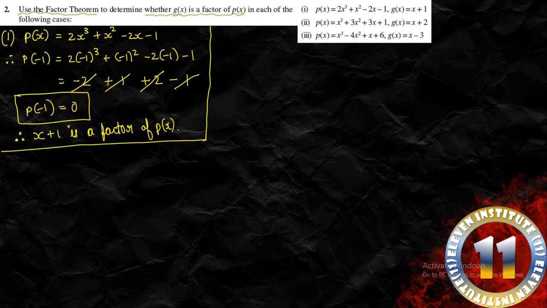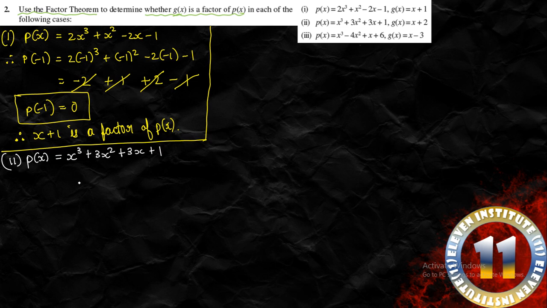First of all, we will write the second polynomial over here. What is the polynomial that we have? x cube plus 3x square plus 3x plus 1.